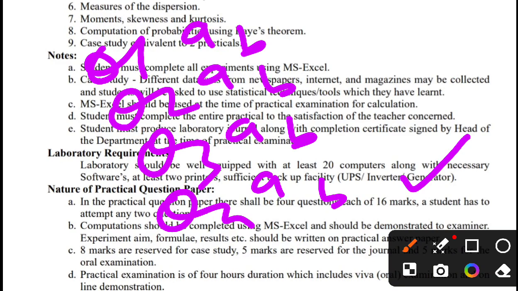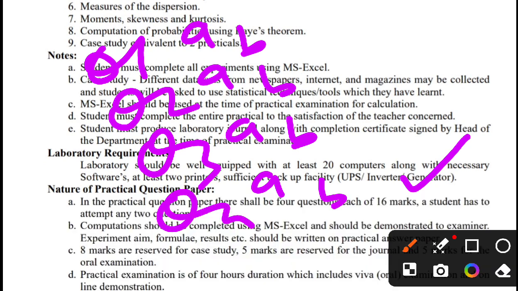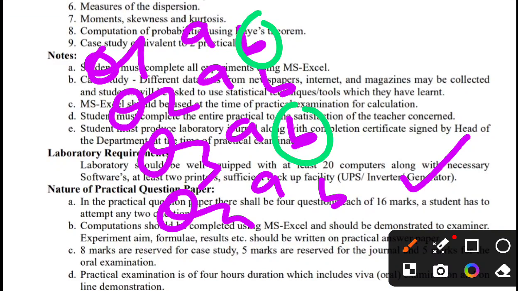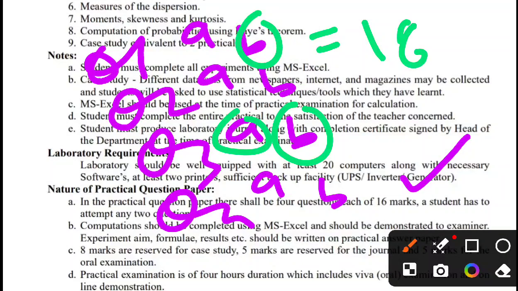Each sub-question is of 8 marks. So this is 8 marks, this is also 8 marks. Therefore question 1 is of 16 marks, question 2 is of 16 marks, and questions 3 and 4 are also of 16 marks.